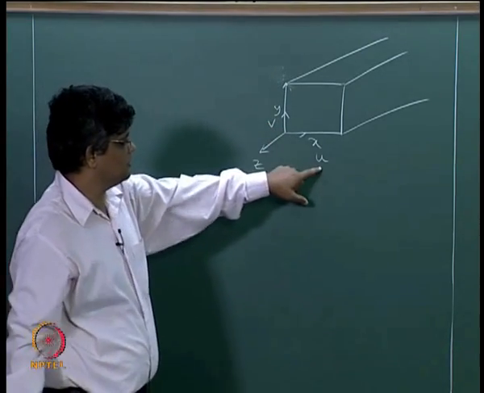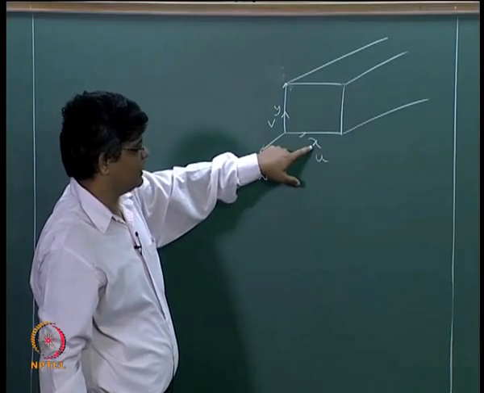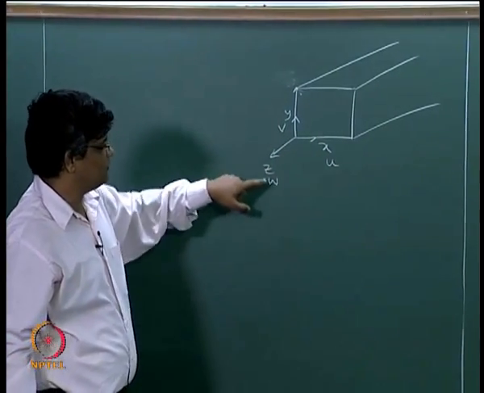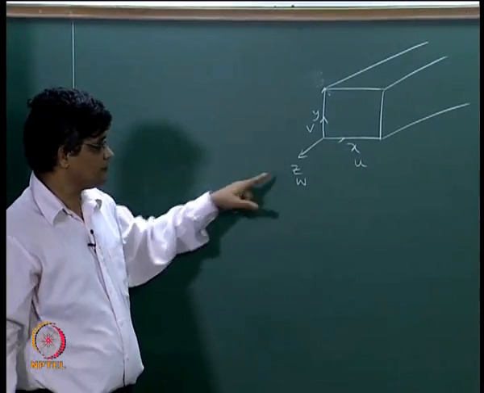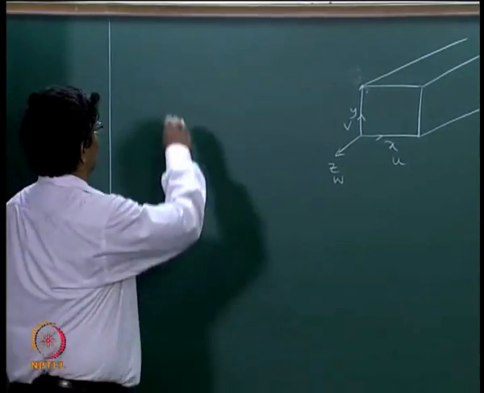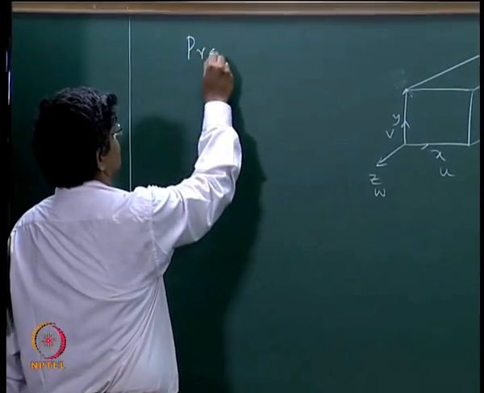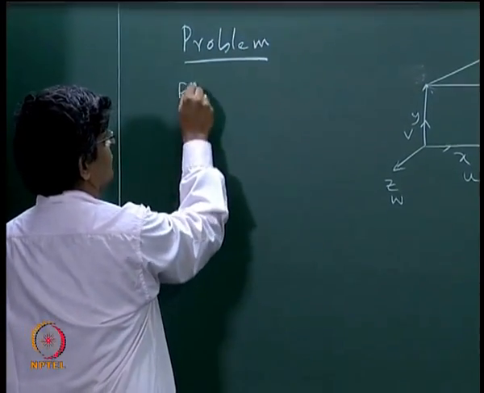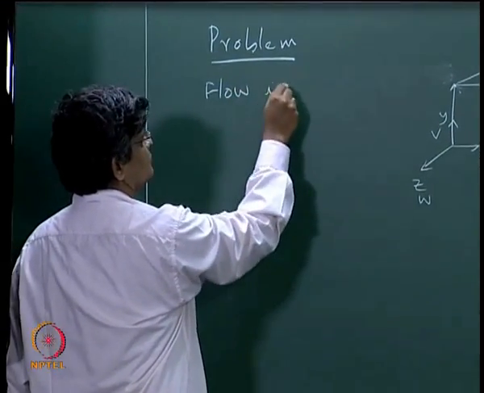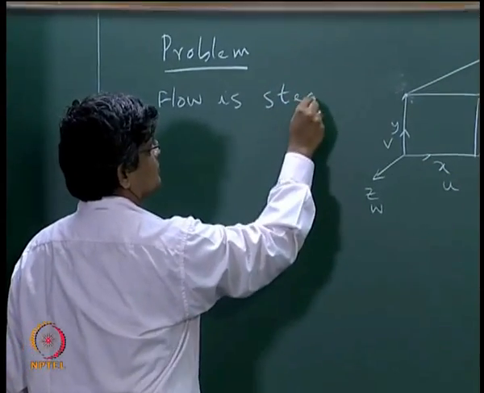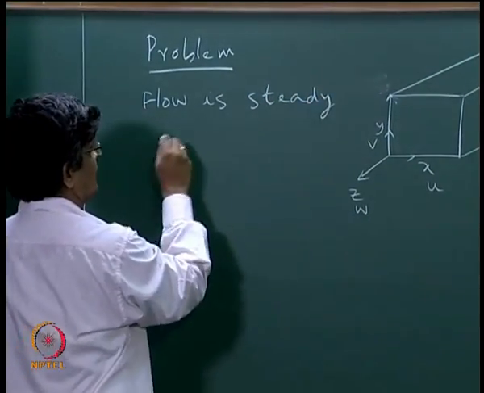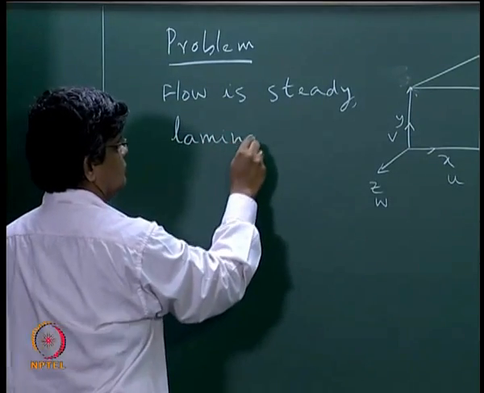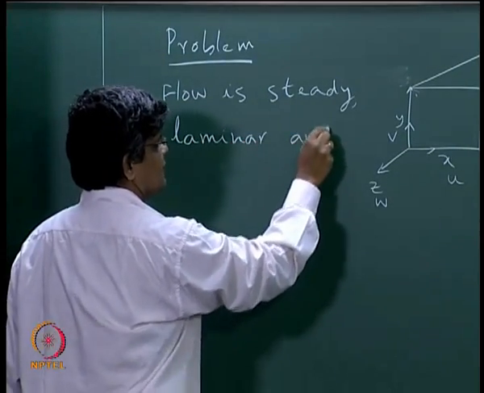So the u velocity component is the velocity component in the x direction, v is the velocity component in the y direction, and w is the velocity component in the z direction. And the problem that we have is that the flow is steady, laminar and fully developed.